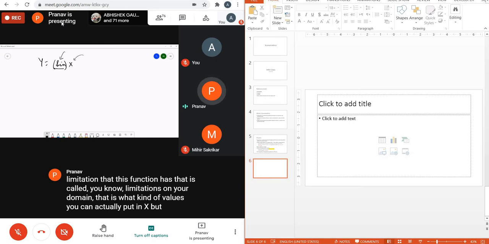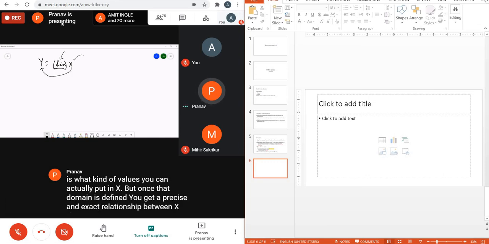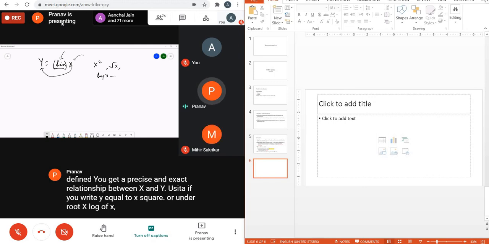But once that domain is defined, you get a precise and exact relationship between x and y. In the same way, if you write y equals x square, or under root x, log of x, any mathematical function that you can think of, those functions exhibit a deterministic relationship between variables. Why deterministic? Because an exact relationship holds.